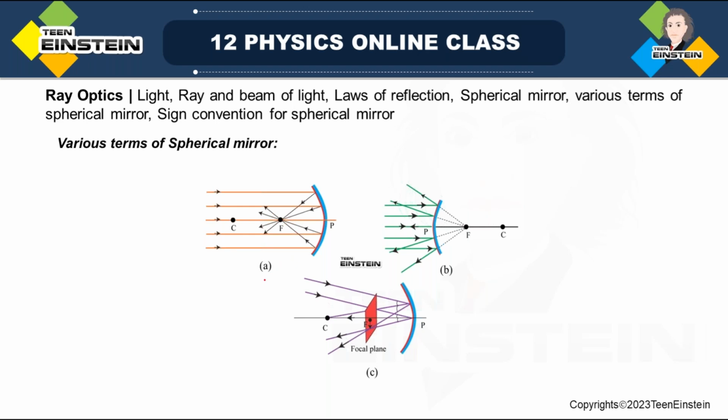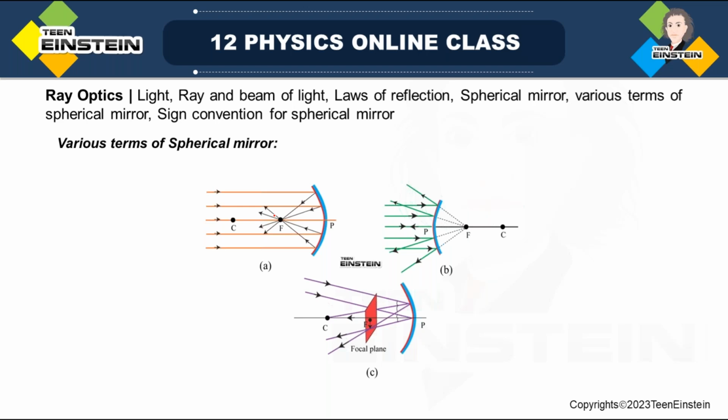So in case of concave mirror, we can define the focus as the point on the principal axis through which, after reflection from the spherical mirror, the parallel rays pass. This is actually called principal focus.